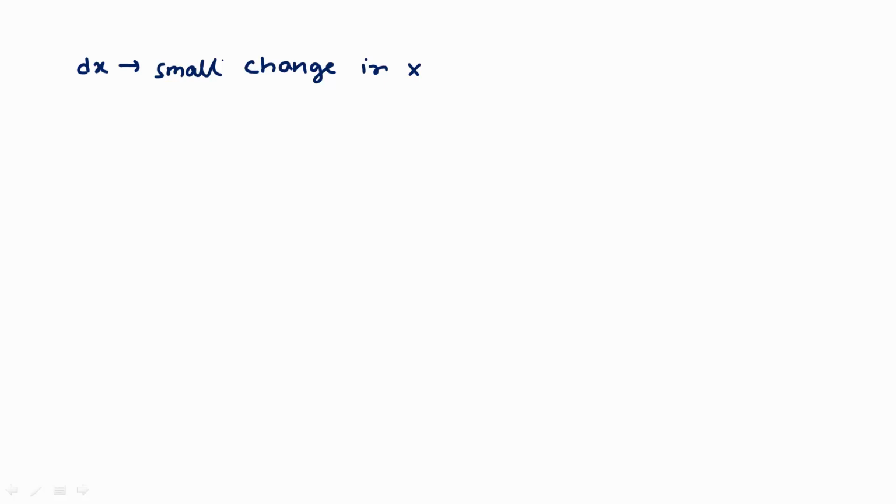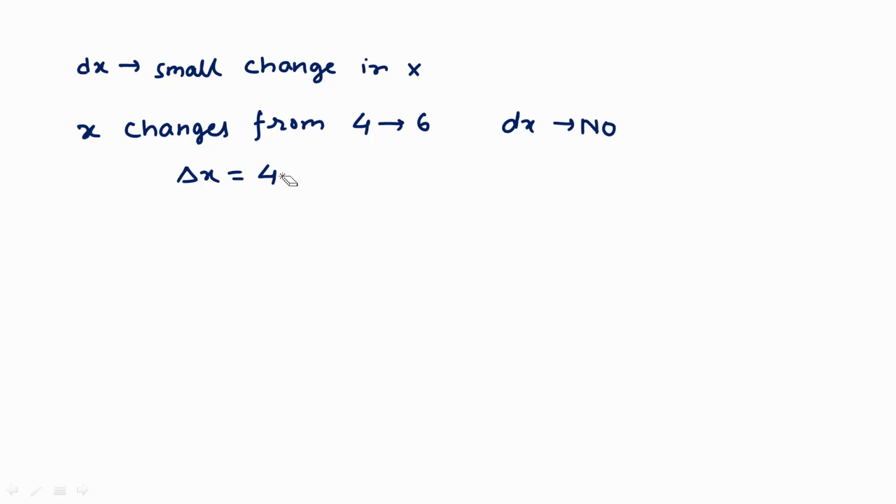So x changes from 4 to 6. Is this change dx? The answer is no. You write here delta x is equal to 2.